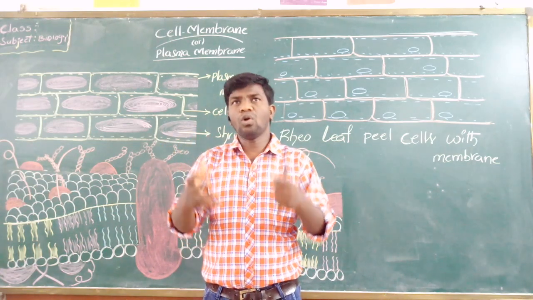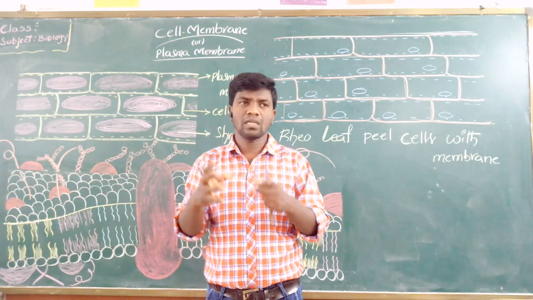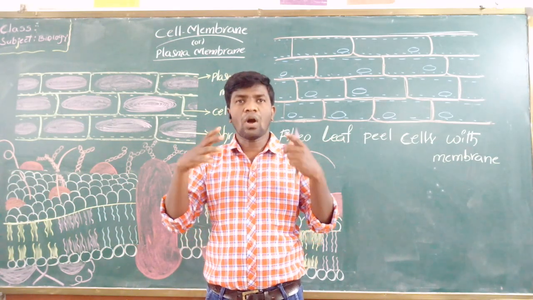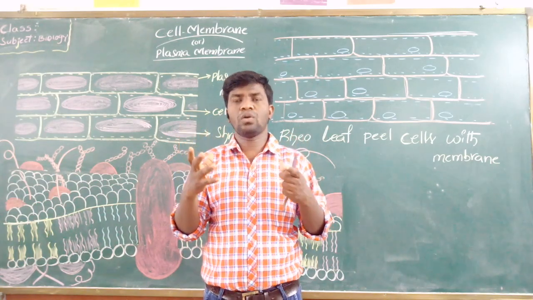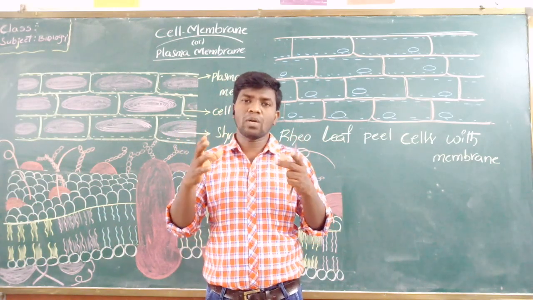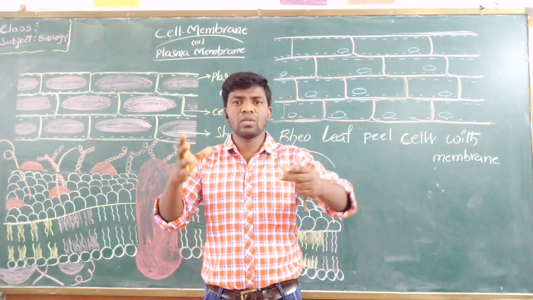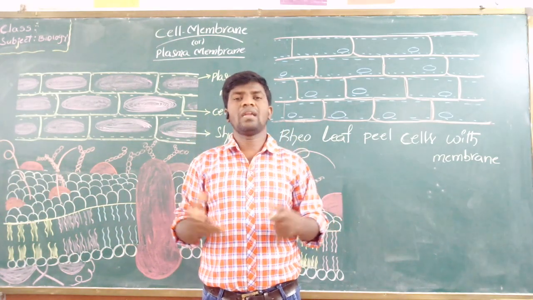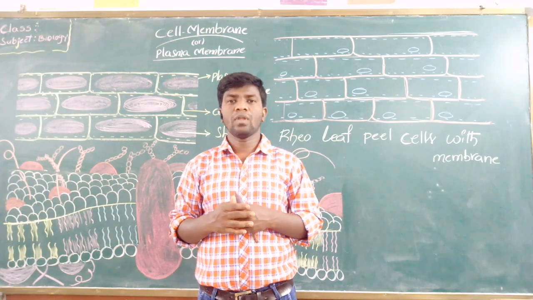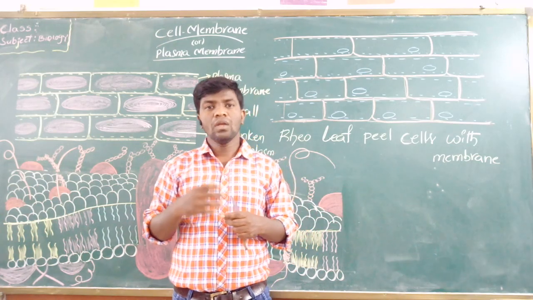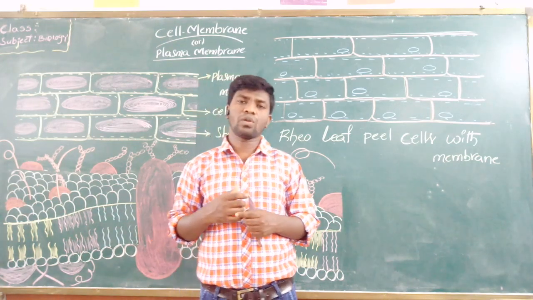We are unable to observe it under a normal or simple microscope. We have to observe it keenly under the electron microscope only. In the 1950s, they observed it under the electron microscope.